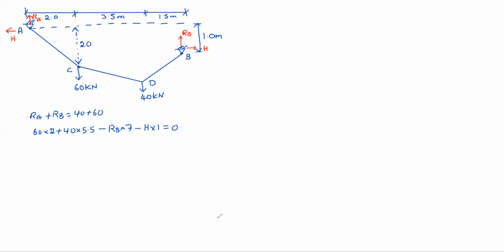Okay, this is second equation. So in second equation we have two unknowns, that is RB and H.